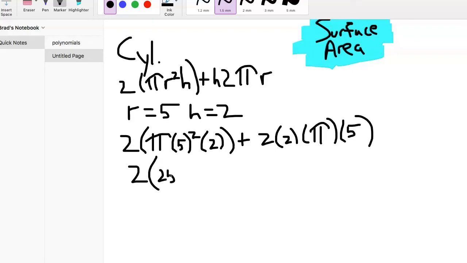So we'll call that 25 pi times 2. Okay, now it looks a little better at least. 2 times 2 is 4, so we'll call this 4 pi. And we've still got our 5 there, right?